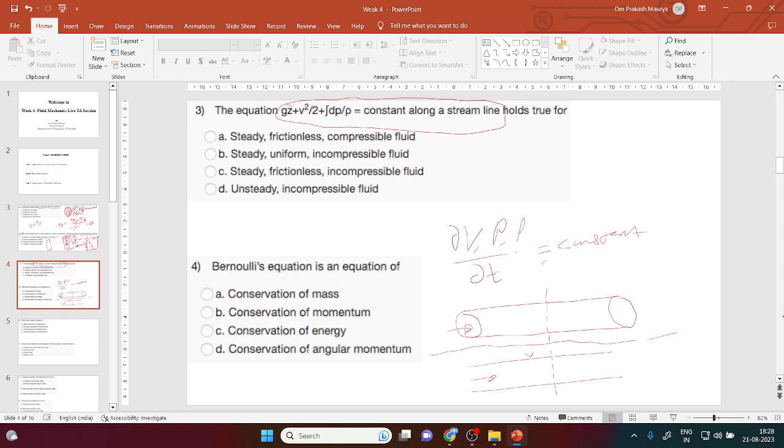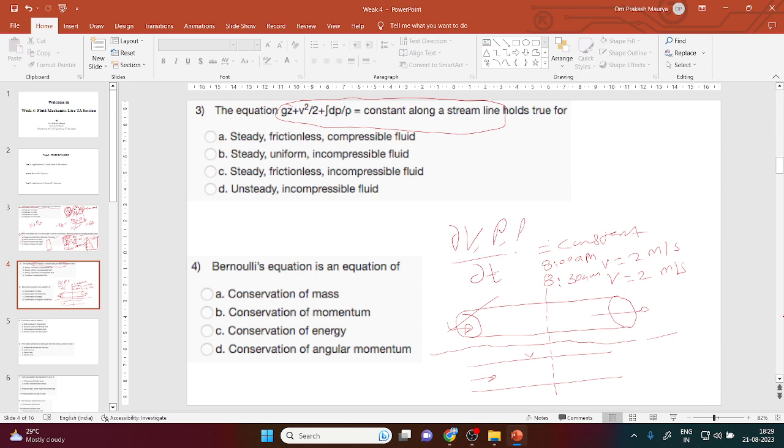At 8 a.m. you measure the velocity here, 2 meter per second, right? After 8:30, if your velocity is still 2 meter per second, then this flow is known as steady flow. I think you are getting it from this example.